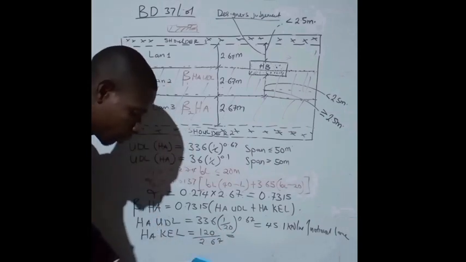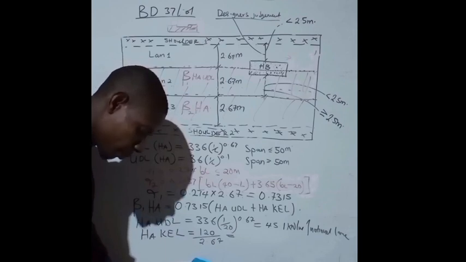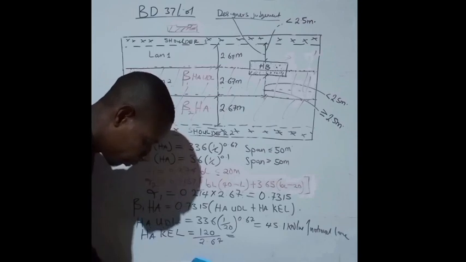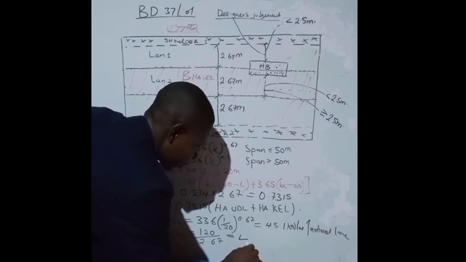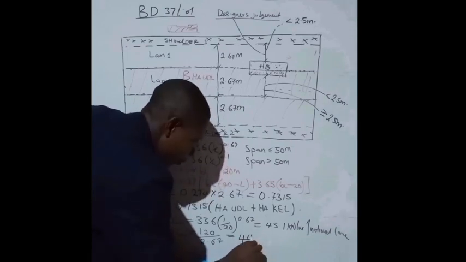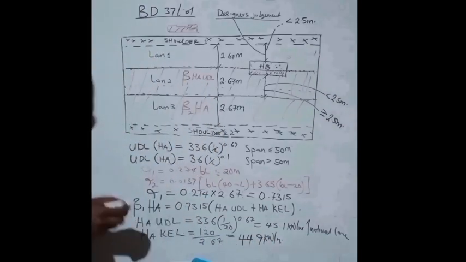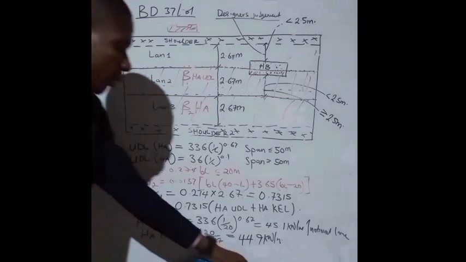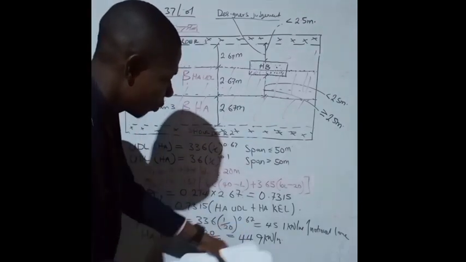So if we do that, 120 divided by 2.67, that will give us 4.9 kilonewton per meter. So this is what we have for our national lens, our UDLs.